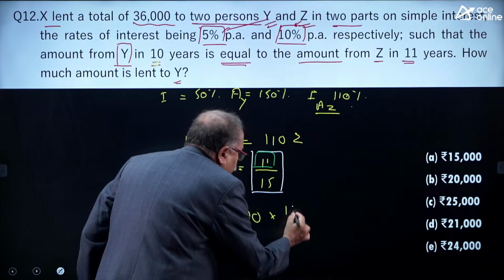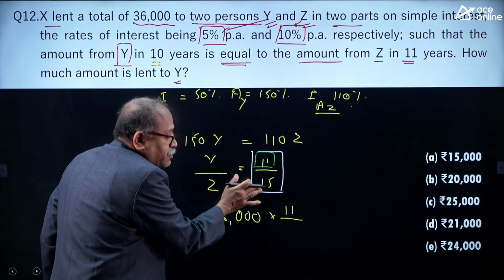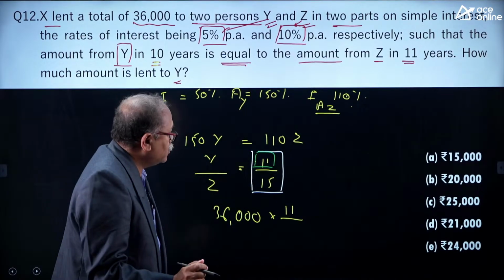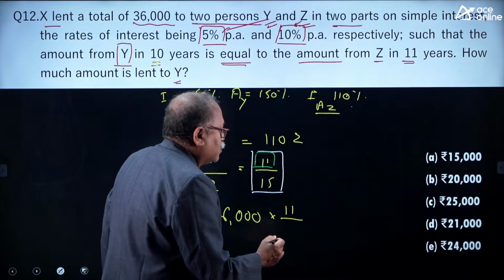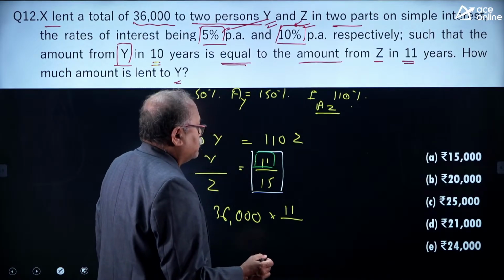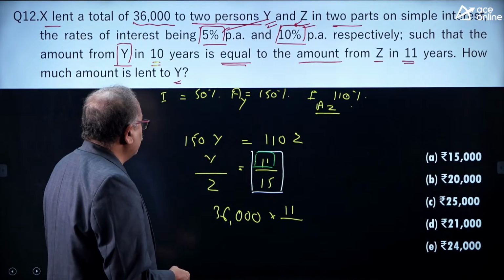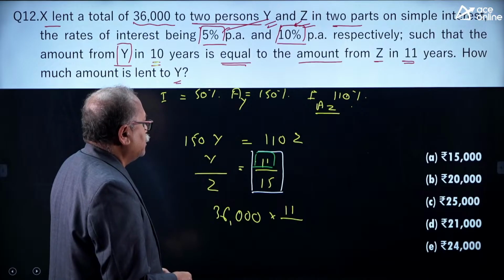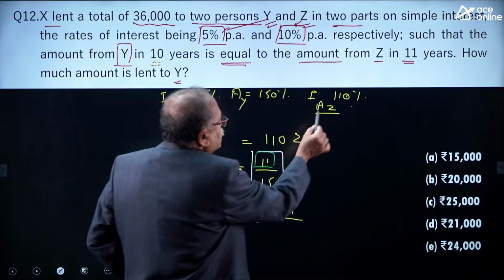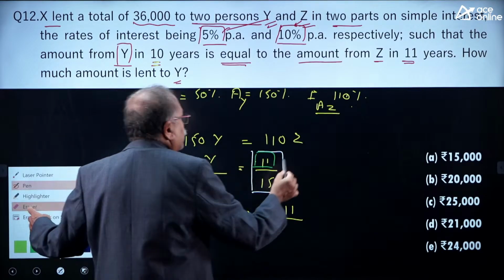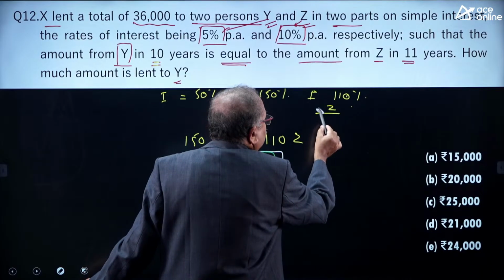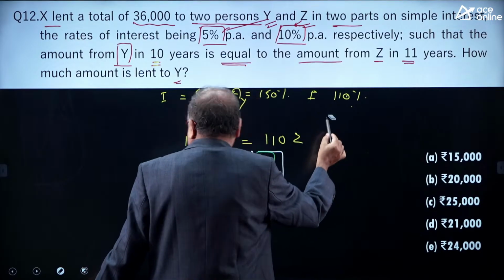I need 11 parts out of 11 plus 15, which is 26. Okay. Am I right? Did I get the right ratio here? 100 and 100 plus 110. I made a small error over here, 110% is the interest.